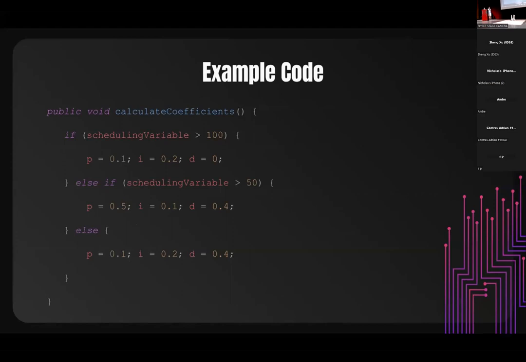So if the scheduling variable is equal to 100, then we set our PID gains to a certain value. And otherwise, if it's the other design point, then we set it to a different value. And if it's none of those design points, then we set it to a different value. So yeah, let's go to the live demo.